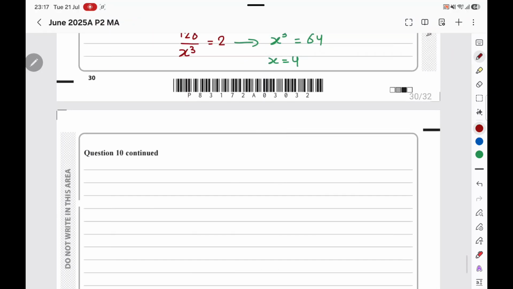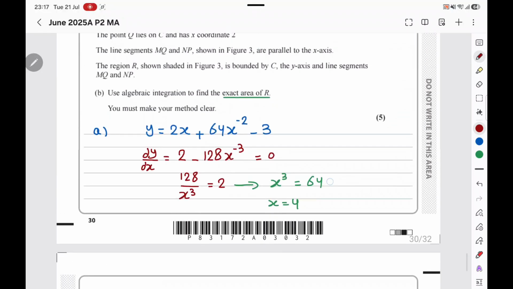To find the y-coordinate of Q, we will substitute in the function.